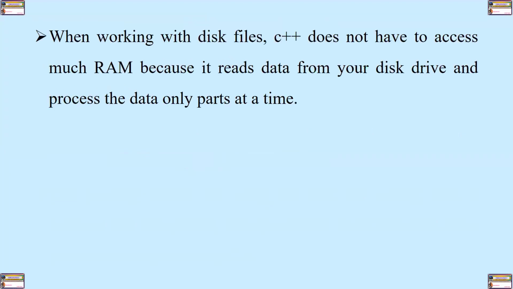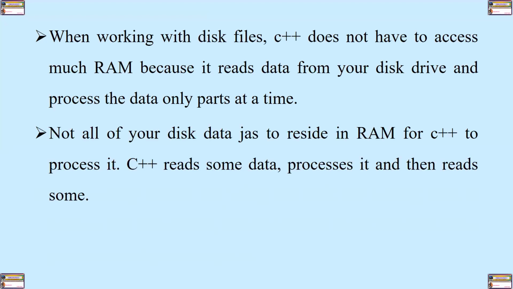When working with disk files, C++ does not have to access much RAM because it reads data from your disk drive and processes that data only in parts at a time. Not all of your disk data just resides in RAM for C++ to process it.